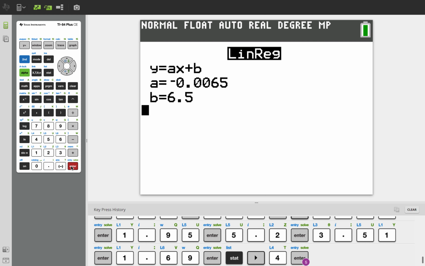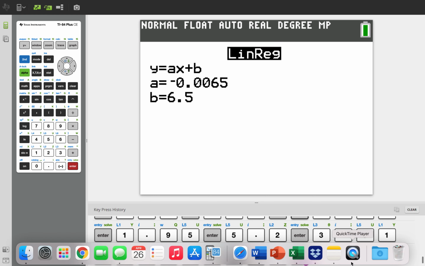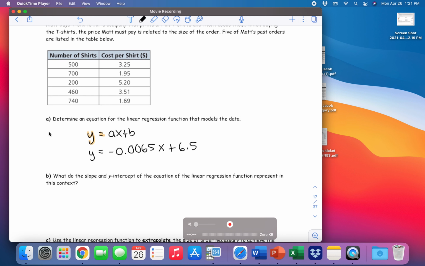A needs to be replaced with negative 0.0065. It doesn't tell you what to round to, so you can keep all those decimal places. And then we have to add 6.5. This value replaces your a, this value replaces your b, the plus sign stays. Okay, so I wrote that down right there. There's my equation. I answered question A.